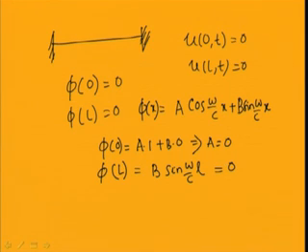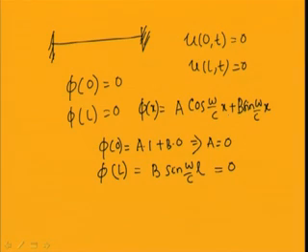Now b will not be equal to 0, because when b is equal to 0, phi x becomes 0, and that will be a trivial solution of the system. As we are interested in the non-trivial solution, that is when the string is vibrating, b will not be equal to 0.